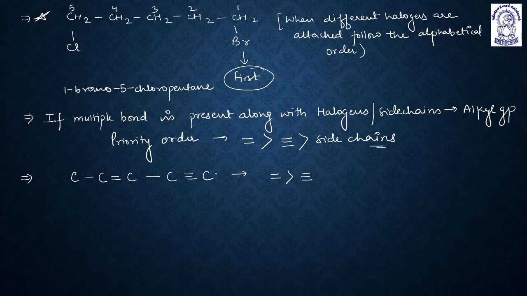For example, in this name, the numbering will be done from the side nearest to the double bond: 1, 2, 3, 4, 5.